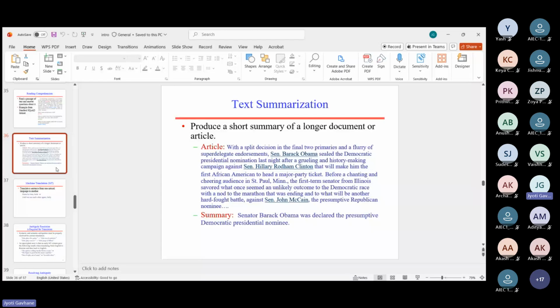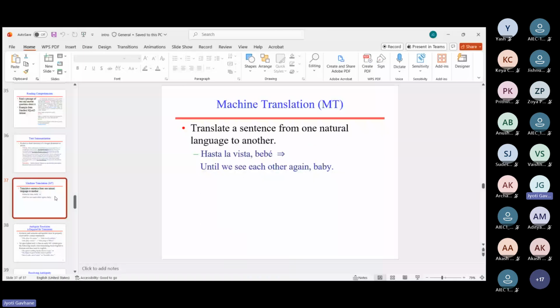Now there is a summarized text. Again, this will be a practice. Now, machine translation: translate a sentence from one natural language to another. So this is a particular language. Hasta la vista, baby. So until we see each other again, baby. So this is the machine translation.